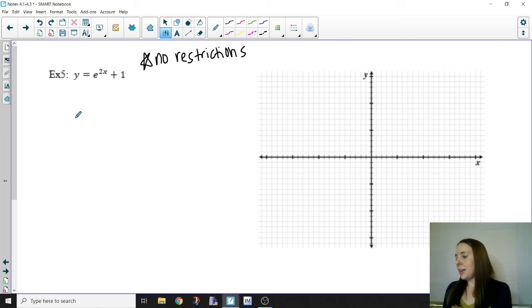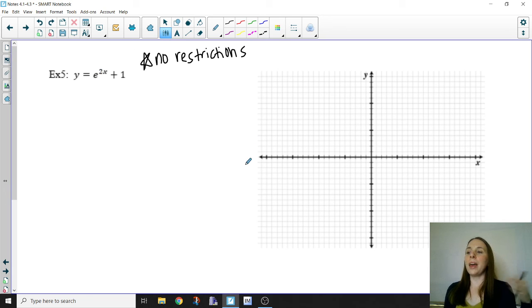Okay, and let's see. There's something else that I want to mention here. E is a number, right? Like 2.71828. And you're raising a positive number to a power, and that's always going to result in a positive value. Think about it like, E is approximately 3 or 2, whatever you want to say.